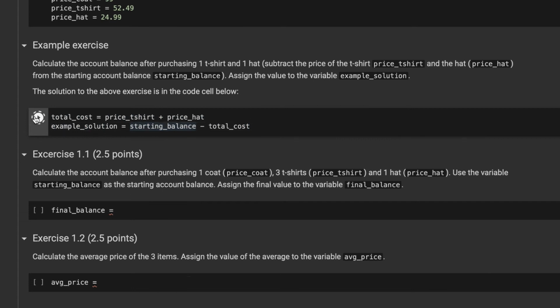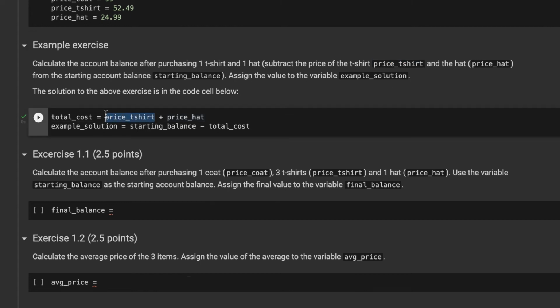And also, try to be even more specific. If someone asks you to use a variable, use this variable.